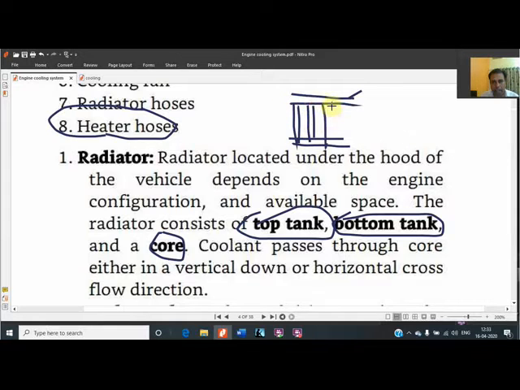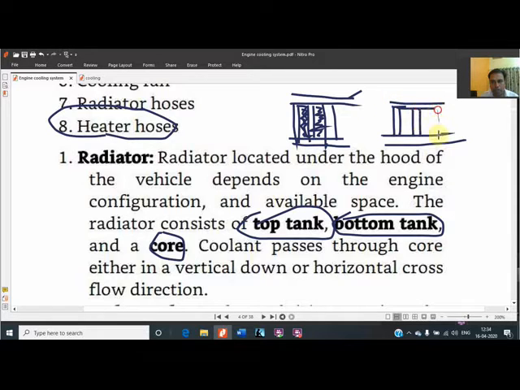In between, a small space for air is there, filled with high surface area aluminum, so that maximum heat can be dissipated. So the main feature is that the upper tank is there, the lower tank is there, and in between we have the rectangular pipes.